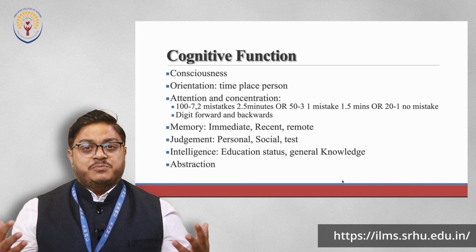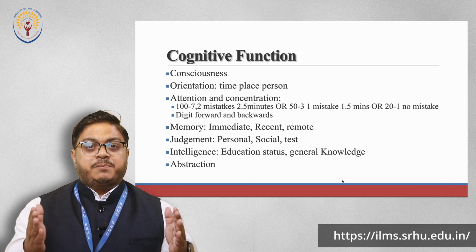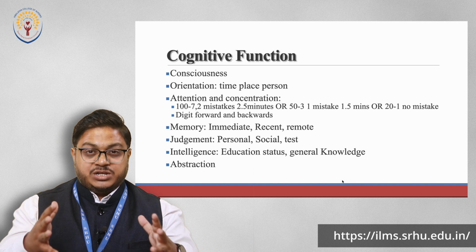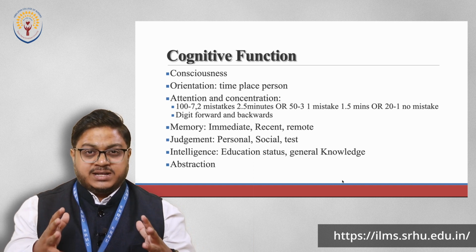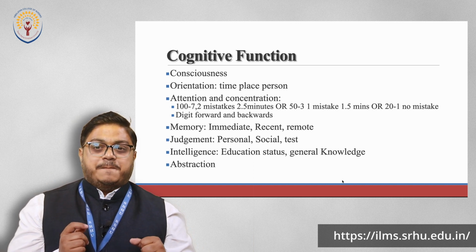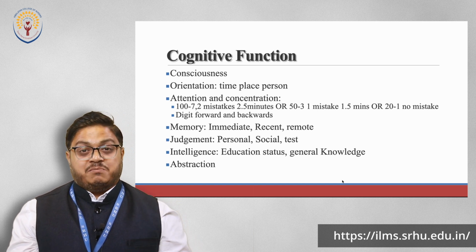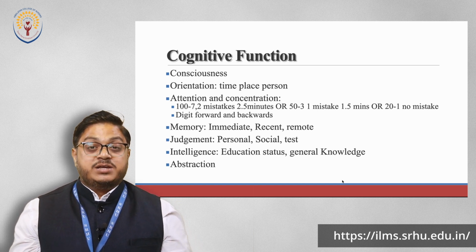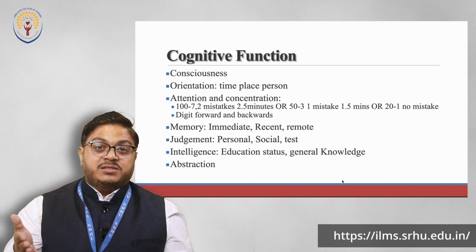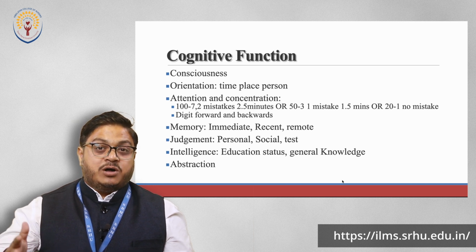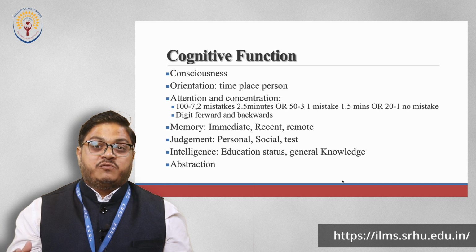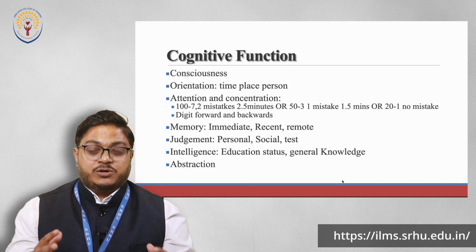After that we need some break in order to have focused attention on the task that is given to us. But people who are suffering with mental illness might have a very short attention span. So we need to test this attention. How is this attention working, or is the attention intact or not?